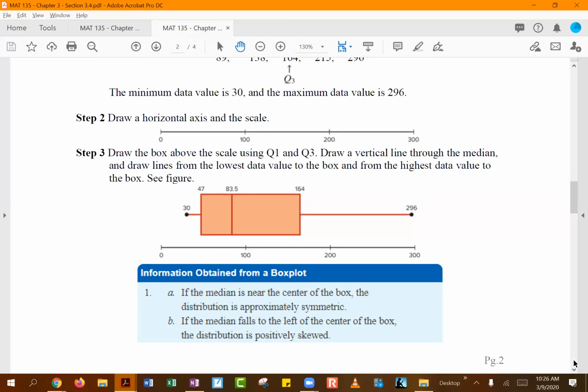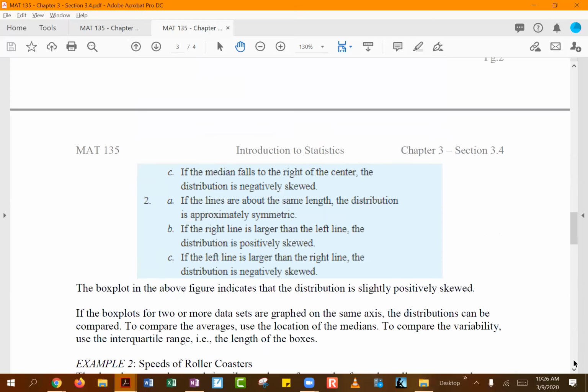But here you can see my median is more towards the left-hand side. This length is smaller than this length here. So they're saying if the median falls to the left, then you're looking at positively skewed data. If your median falls to the right of the center, you're looking at negatively skewed data.